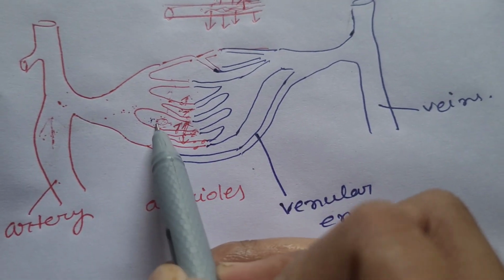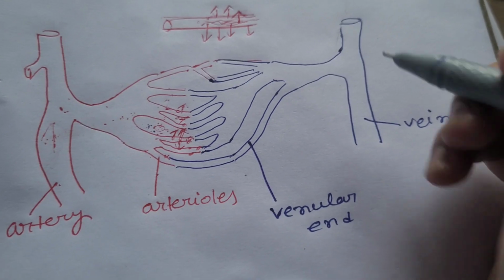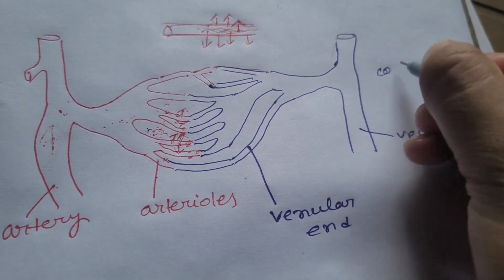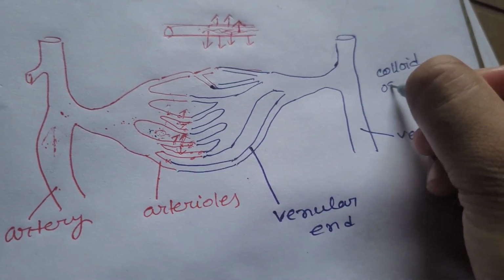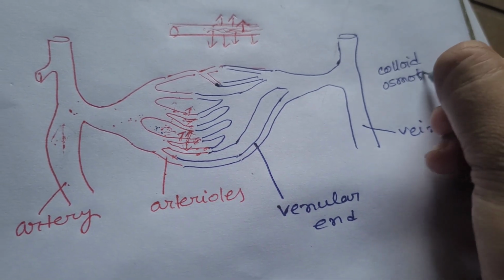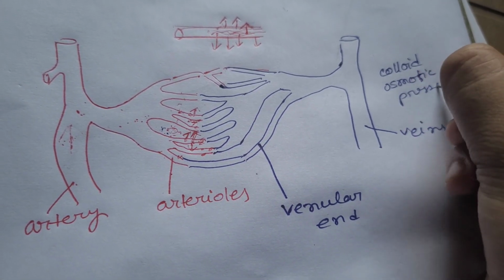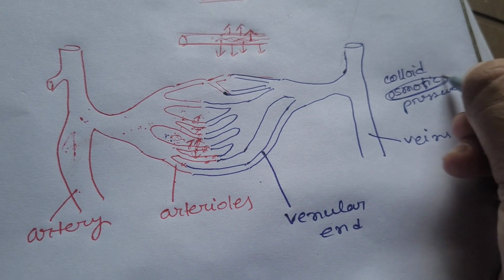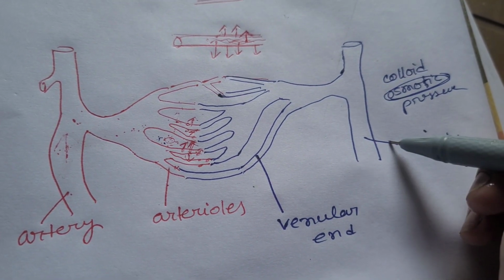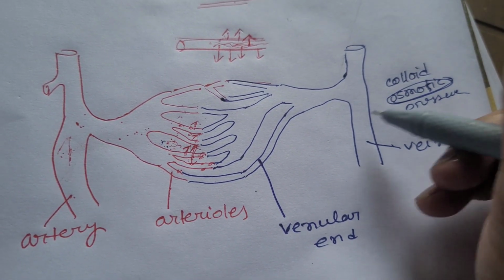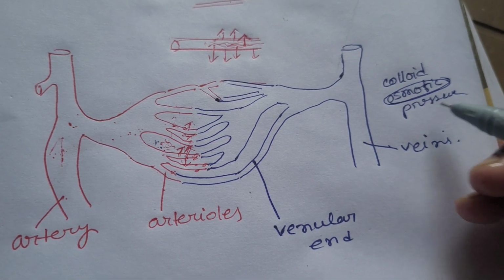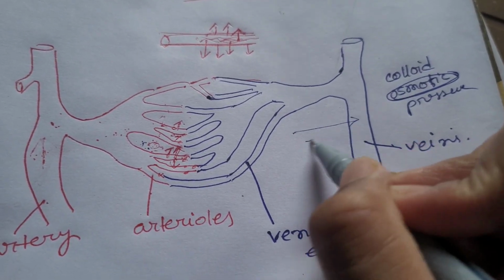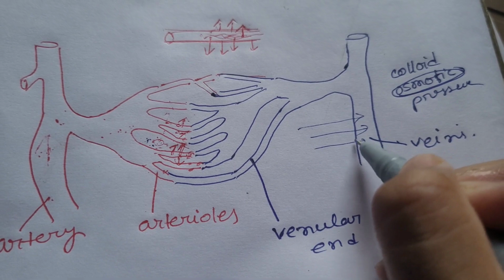But what happens? There is some other force, which is called the colloidal osmotic pressure. We know what osmotic pressure is. Osmotic pressure is the force which leads to osmosis, and osmosis is the process where body fluid moves to the area of increased concentration.